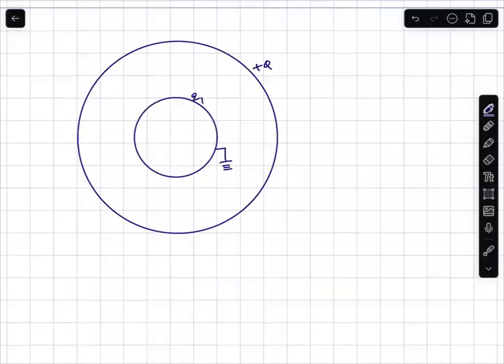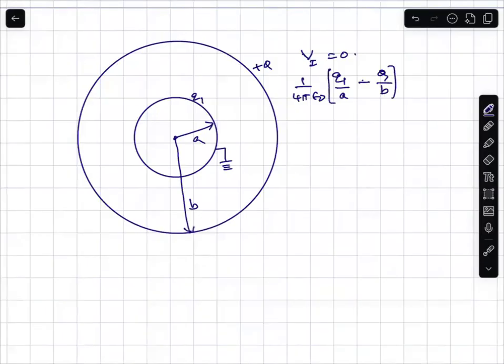What is the potential of the outer one? No, before that, the potential of the inner one is 0. That you know. So which means 1 by 4 pi epsilon naught times q1 by a plus q by b is 0.